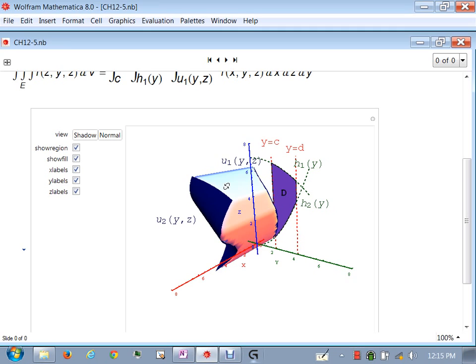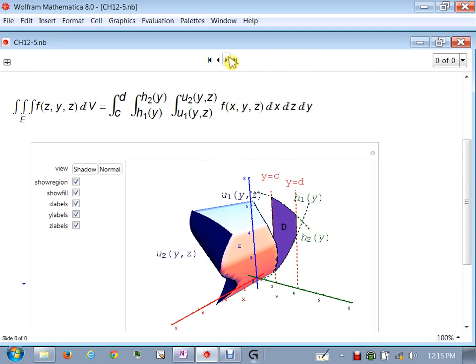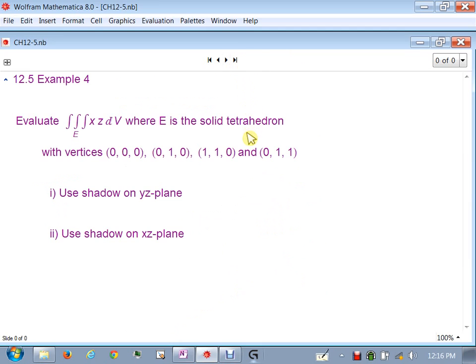We are going to focus solely on solids that when you cast their shadows down, it's a type 1 region, type 2 region, or polar. And then we'll get into spherical also, but that's a totally different kind of geometry. So we okay up to this? It's just an FYI, just so you know, you could do it that way.